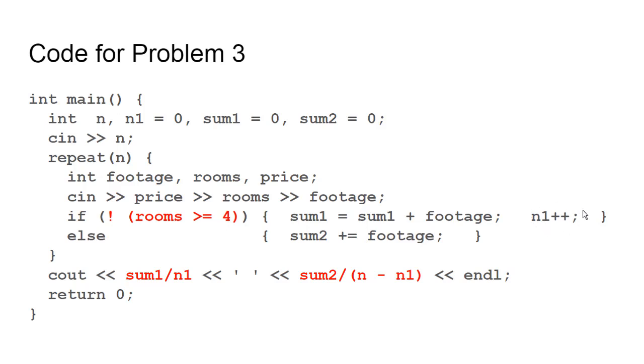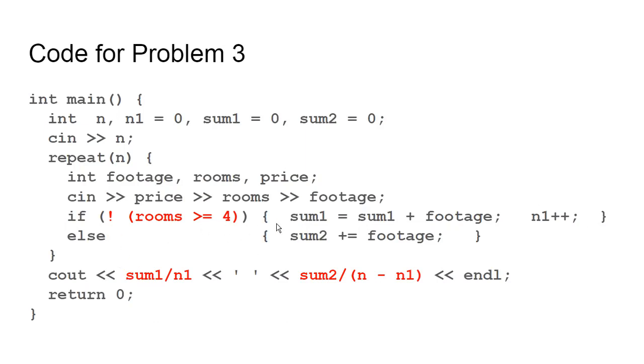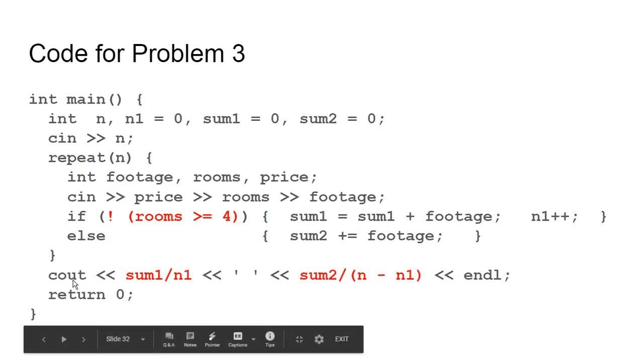There's another syntax introduced in C for convenience, plus plus. What this means is we add 1 to this variable. So this is roughly equivalent to n1 equals n1 plus 1. After we compute the sum and n1, we can print it out.